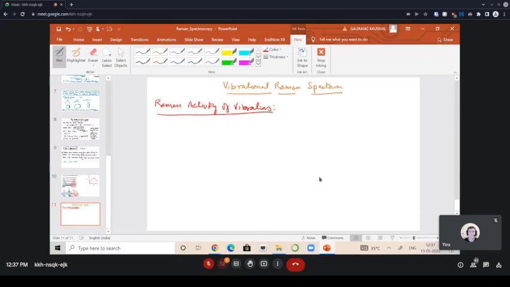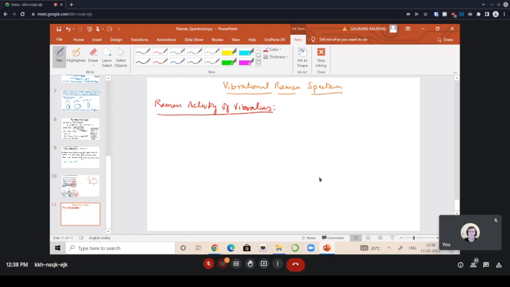When there is a change in the dipole moment, it means there is a possibility of polarizing that particular molecule. The ability of polarizing the molecule is given by alpha, the polarizability, and basically these are governed by the polarizability ellipsoid. Let us try to discuss that.